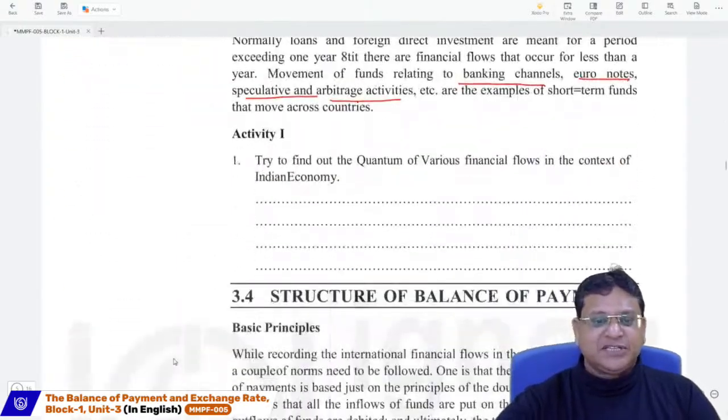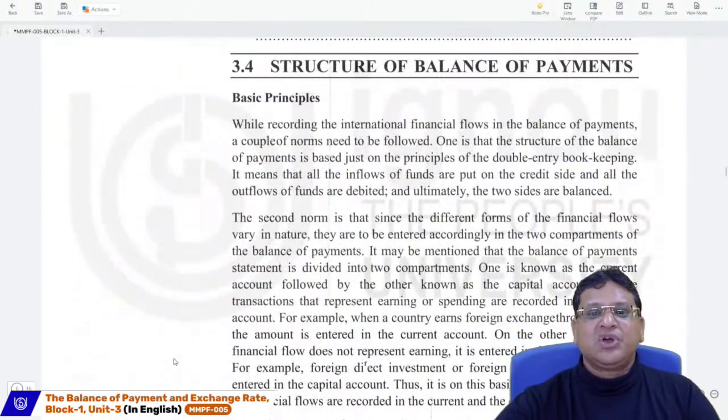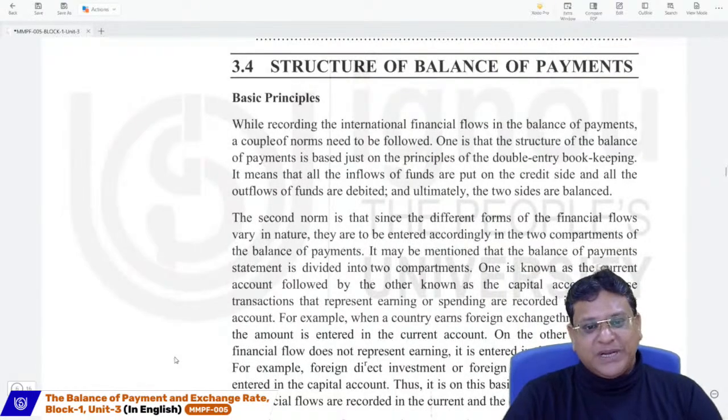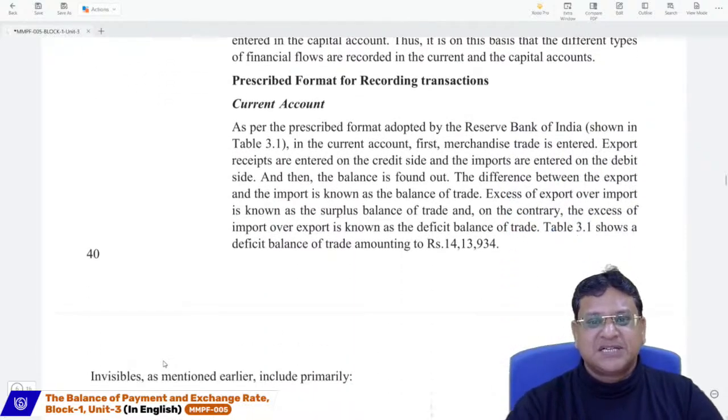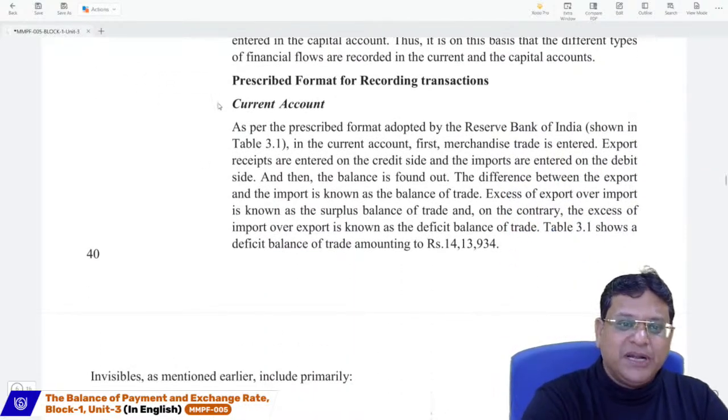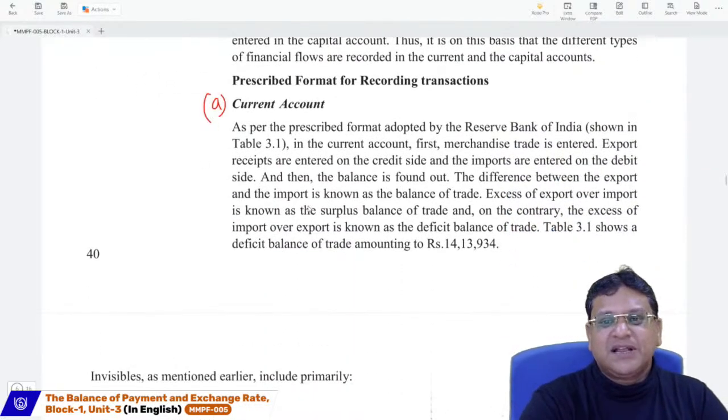Okay. Next, we will discuss the structure of balance of payment. What is the structure? How does balance of payment look? What are the components of balance of payments? We know that there will be two components: current account and capital account. First is current account. We have already completed current account. What is recorded here? Two things are recorded. One is visibles, another is invisibles.